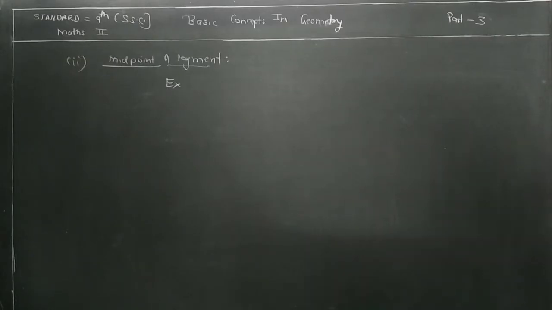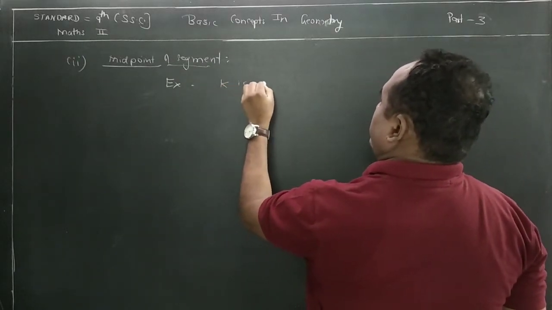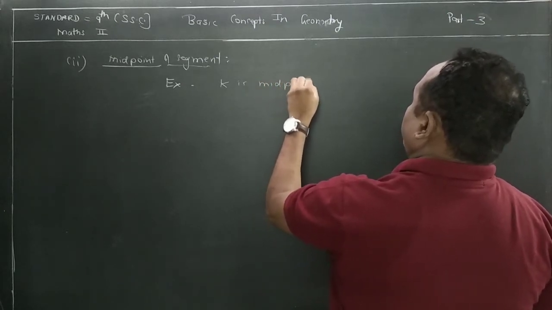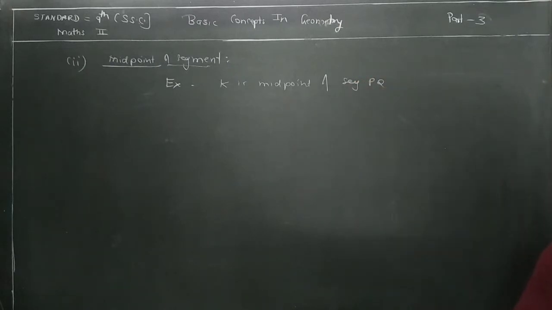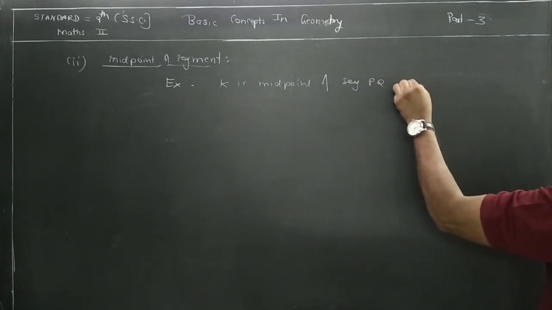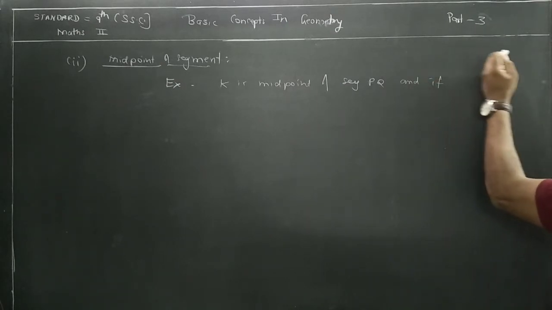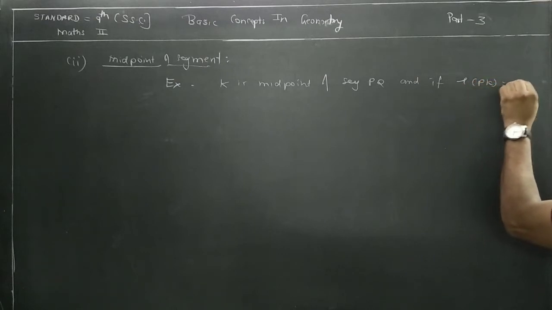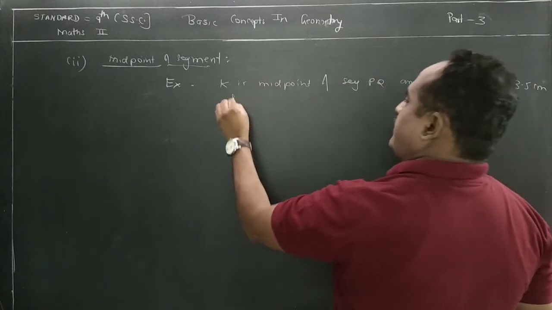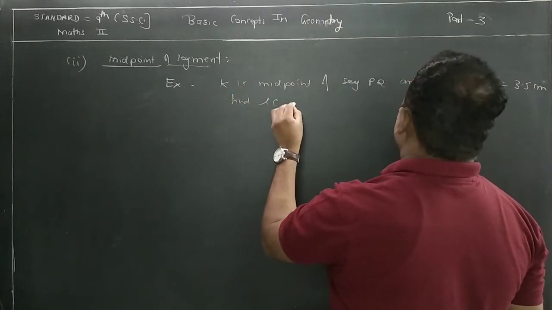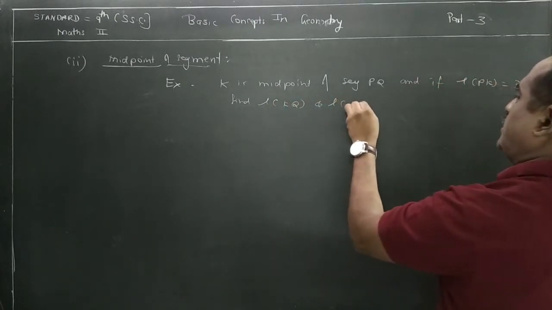One example. Suppose K is the midpoint of segment PQ. And if length PK is equal to 3.5 centimeter, find length KQ and length PQ.